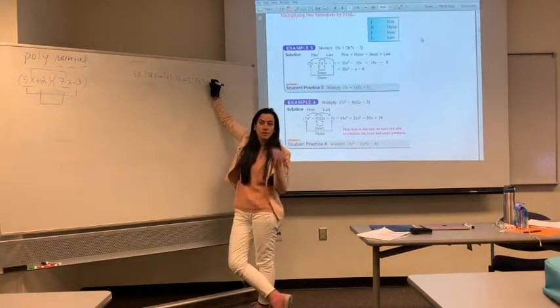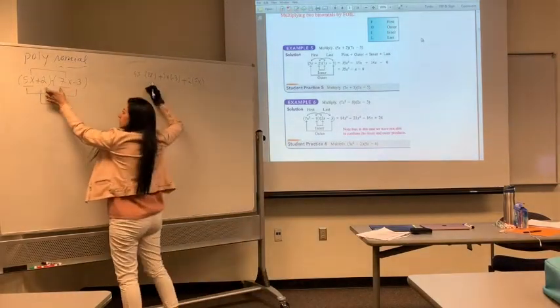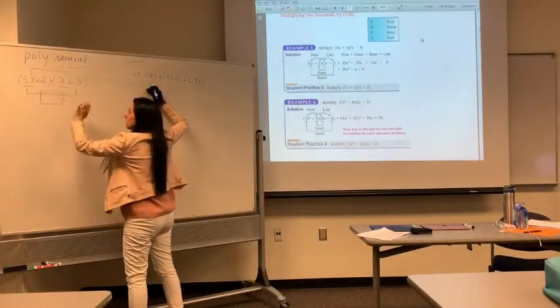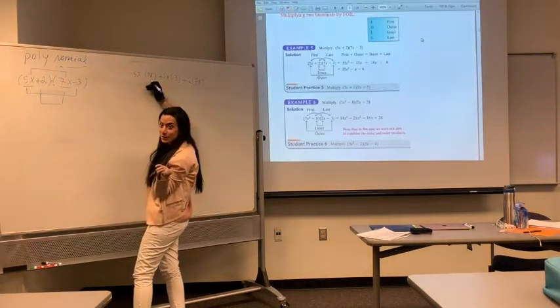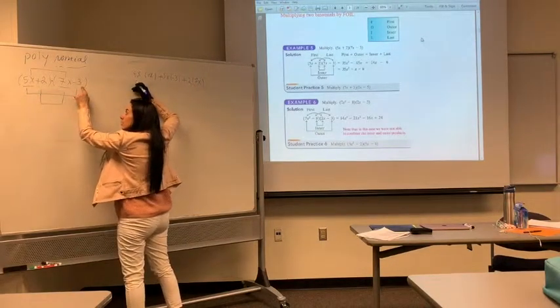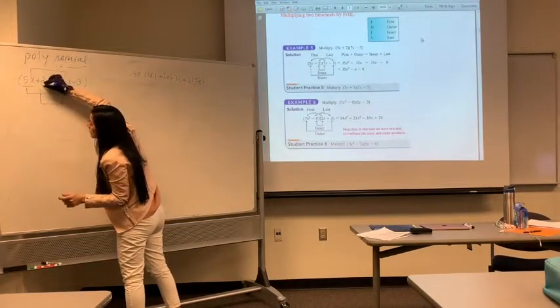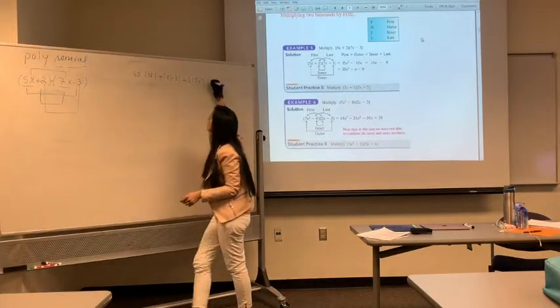Okay. 2 multiplied by 7x, right? These two were the closest together and these are the inner. So the last one is last, right? The last term, which is this one, multiplies to this one. So this one multiplies to this one.